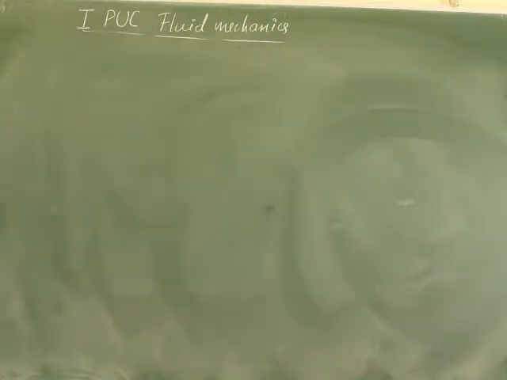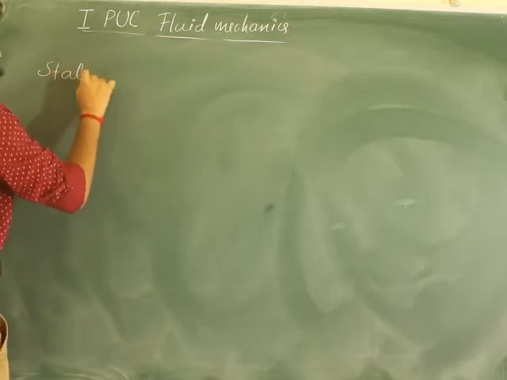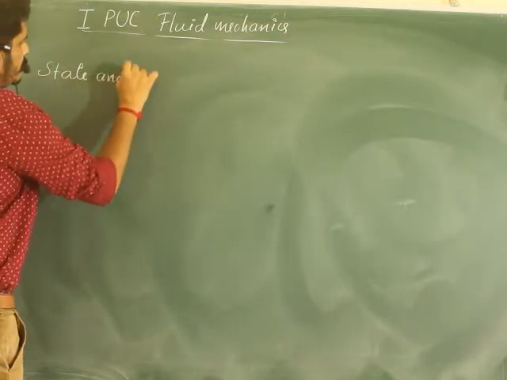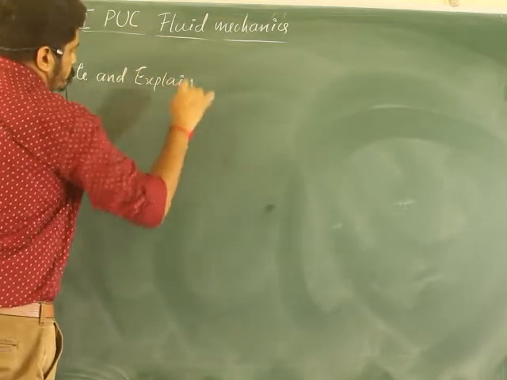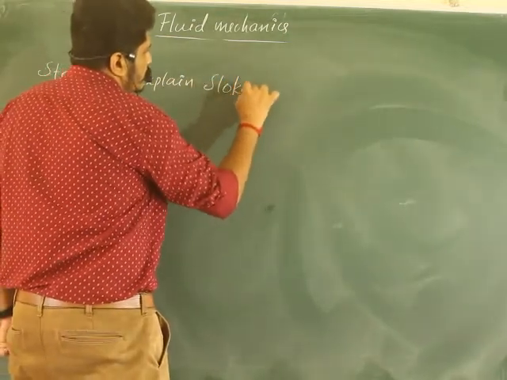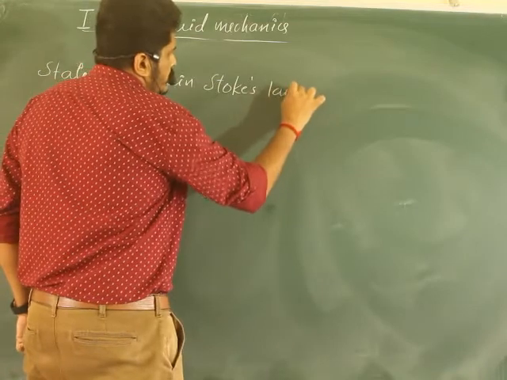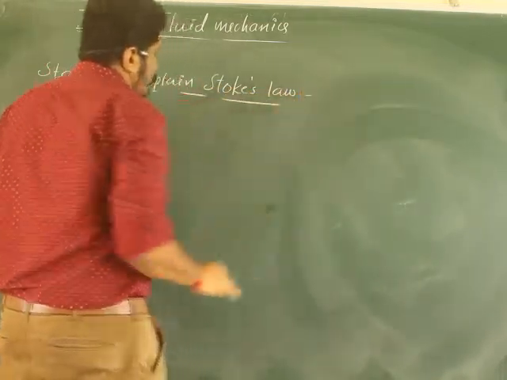We'll discuss one of the scientists who has given one law. What is that law? Let us see. I will write it like a question: State and explain Stokes law.